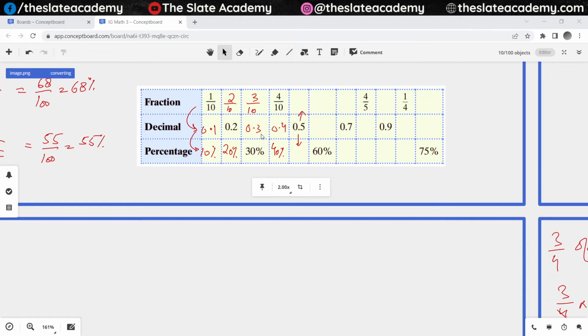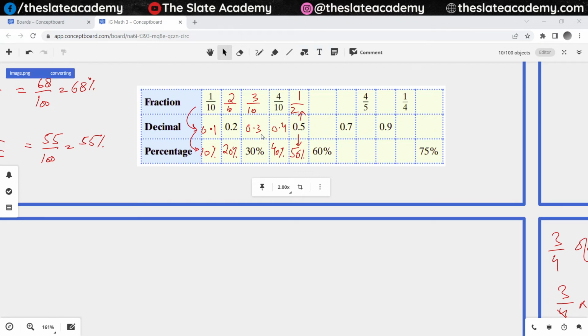Miss Anam, for 0.5, fraction and percentage. 1 over 5, no. 5 over 10. 5 over 10 would be simplified to 1 over 2. Okay. And percentage? 50%. Excellent. Mr. Arman, next 60%.